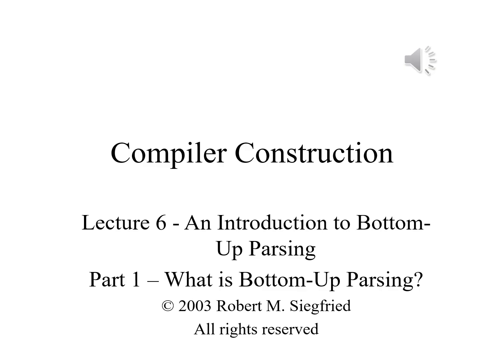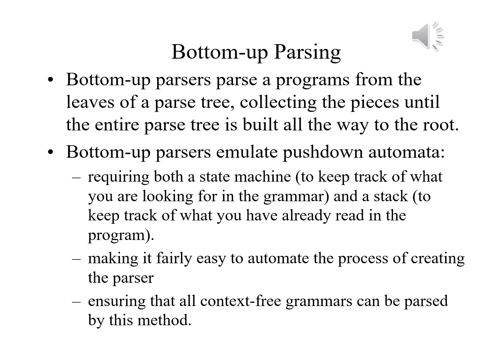In part 1 of Lecture 6, we will answer the question, what is bottom-up parsing? Top-down parsers start at the root of the parse tree, and from there build the tree. What we are doing, whether we realize it or not, is to build the parse tree as we are traversing it pre-order.